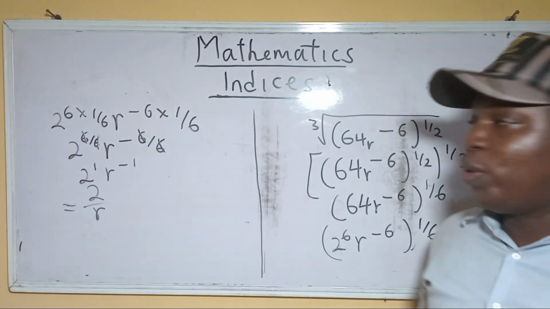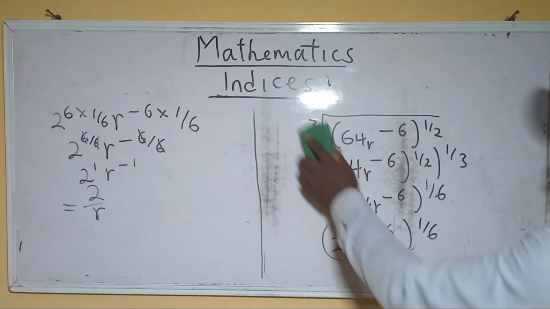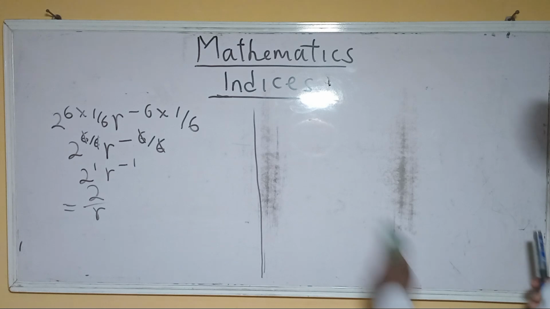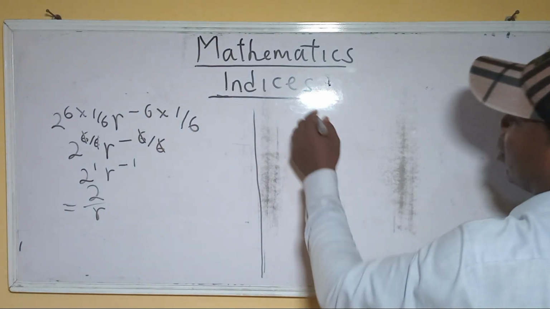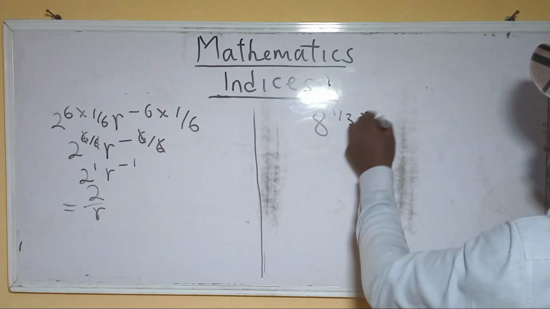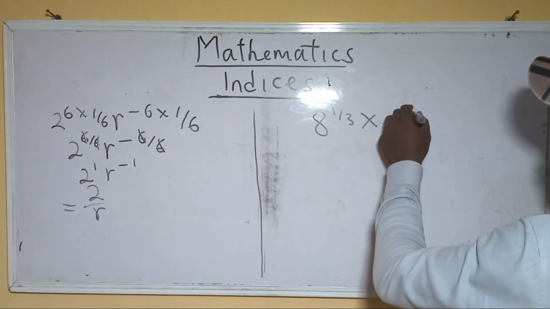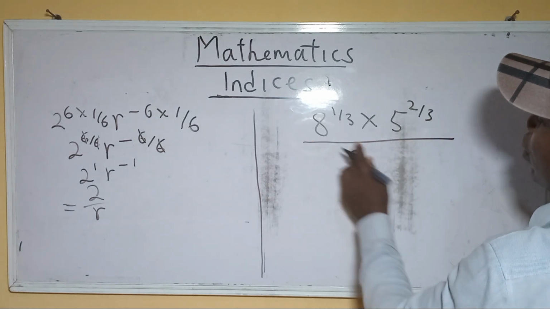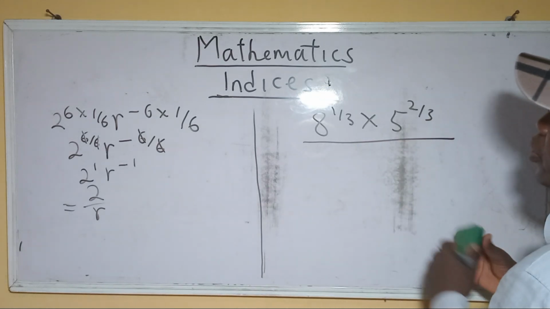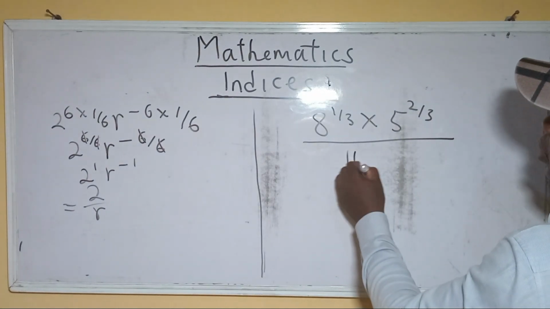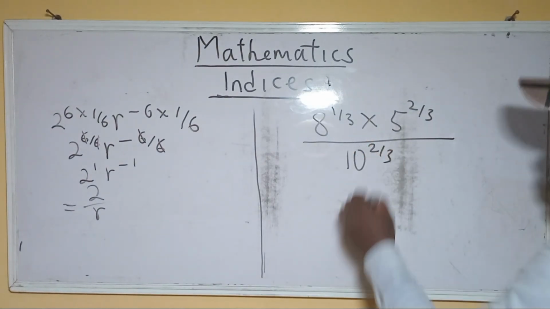Now the next one, look at this. If you have something of this nature, probably you have 8 1/3 times 5 2/3 over, I'm solving the second one now, 10 2/3.